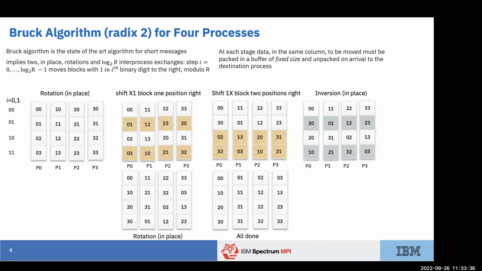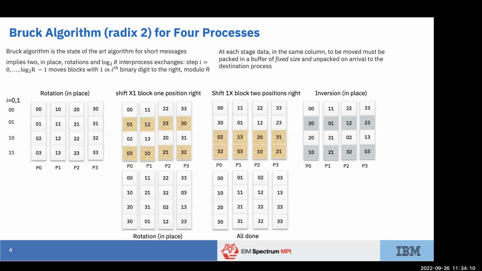Just to refresh you on what the BRAC algorithm is doing, I'll mention that the BRAC algorithm actually works for different radixes, but the most popular implementations are with radix 2. Here we have 4 processes, and on the left we have the original matrix, and at the end we should arrive at the transpose matrix.